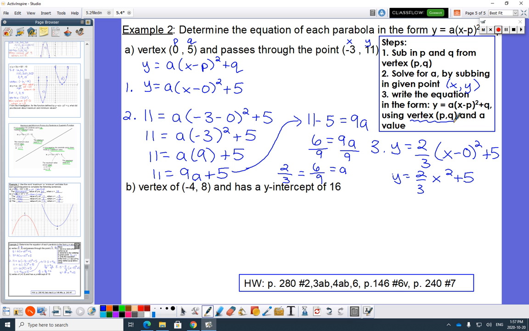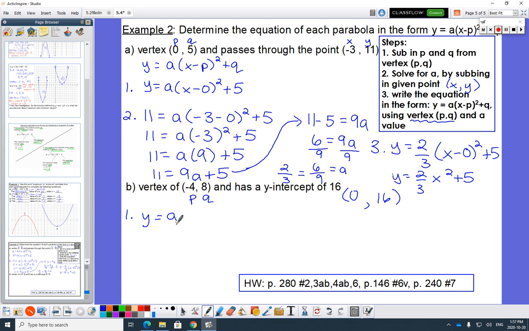Okay, so now this one looks sneaky. We are given the vertex still, but it says y-intercept of 16. So you have to remember what this means. If you have a y-intercept of 16, the y value is 16, and what's x? Yes, good. So it is still a point. We still have an x and y value, so you can do the same steps.